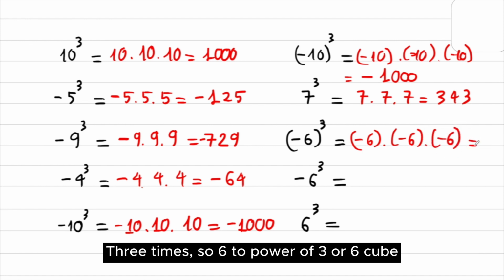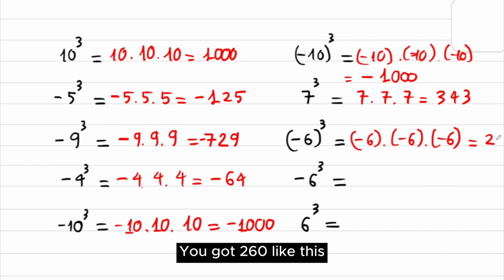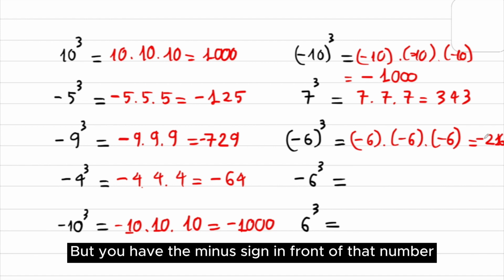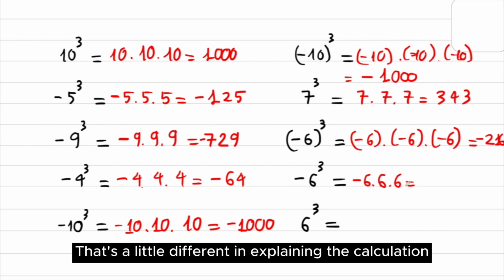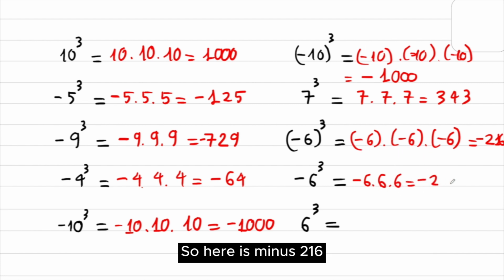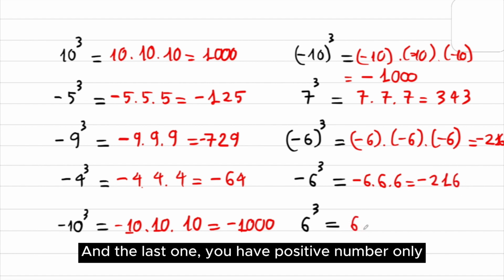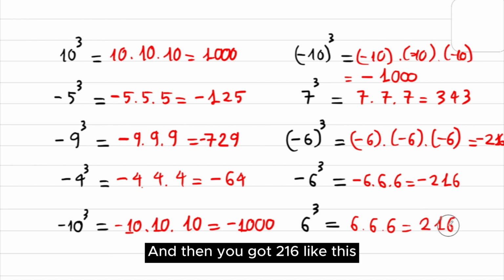So 6 to the power of 3, or 6 cubed, you got 216 like this, but you have the minus sign in front of that number. Okay, the same thing for this one. Minus 6 times 6 times 6. That's a little different in the explaining of the calculation. So here is minus 216. And the last one, you have a positive number only, and then you got 216 like this.